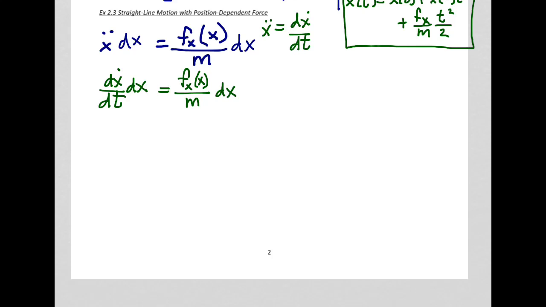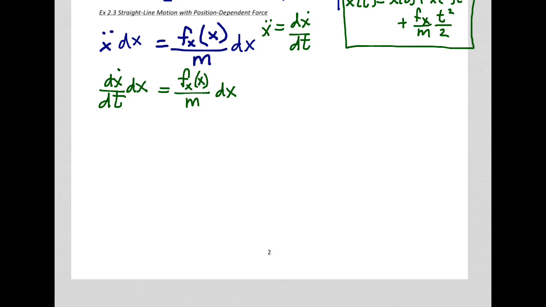Now, because this is Leibniz notation, we can take this expression here, and we've got dx dt. And dx dt we defined earlier as speed. So x dot is equal to dx dt. So we can just substitute that right back in.